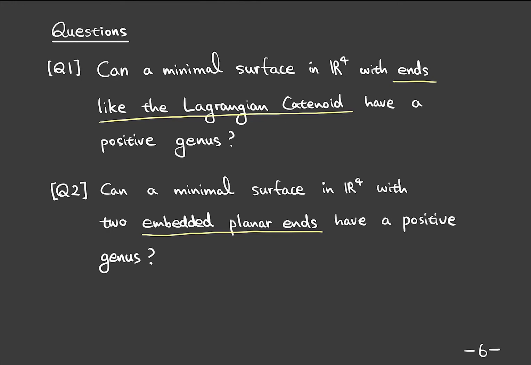Also, there are many results on minimal surfaces with embedded planar ends in R3 because they are also related to Willmore surfaces in a sphere. So it is curious how the results will change in higher codimension.